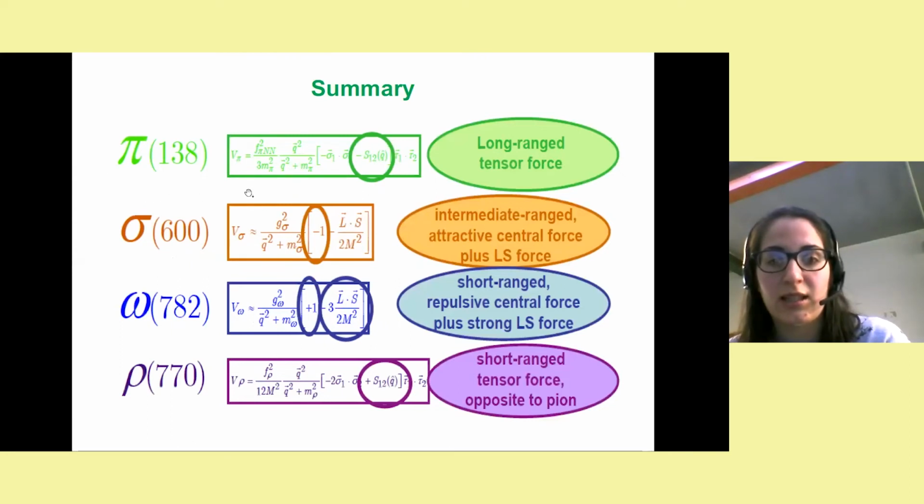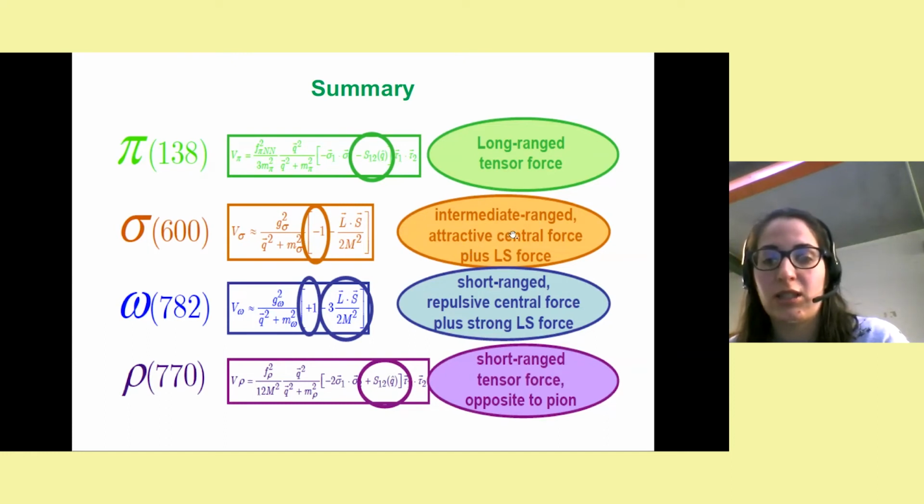For this pion exchange, we saw that it is a long range and it is a tensor force. Then for the scalar, we have obtained this expression here with this -1 and the spin orbit term. And because the mass of the scalar meson is larger than the pion, the range is shorter.